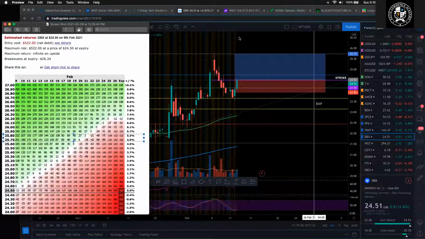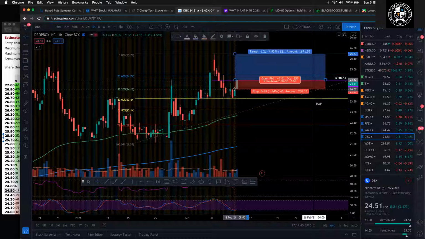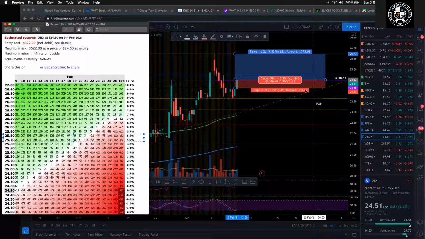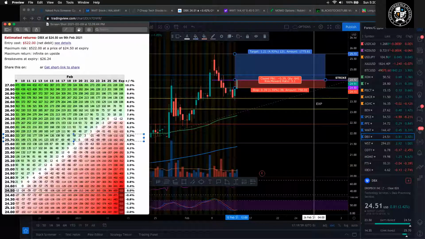Now my stop loss might be at like 23.9 or lower. I think my stop loss is probably like 24.13, something like that, right at the 38.2 level. Pull up 24.13 on this. It puts me somewhere around this range right here.